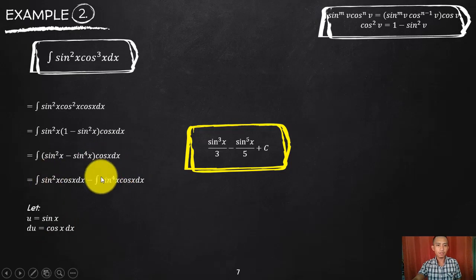I can now distribute your integral and your derivative. In your first term, we just apply your power rule, wherein sine raised to n plus 1 over n plus 1, so that will become 3 over 3. And the second will be minus n plus 1 again over n plus 1, which will be 5. So that is your final answer.